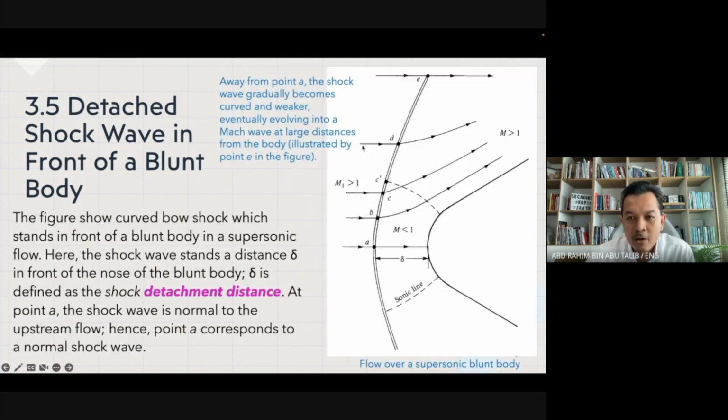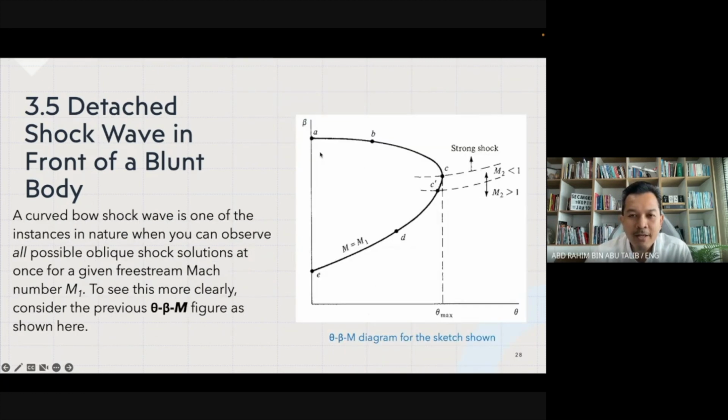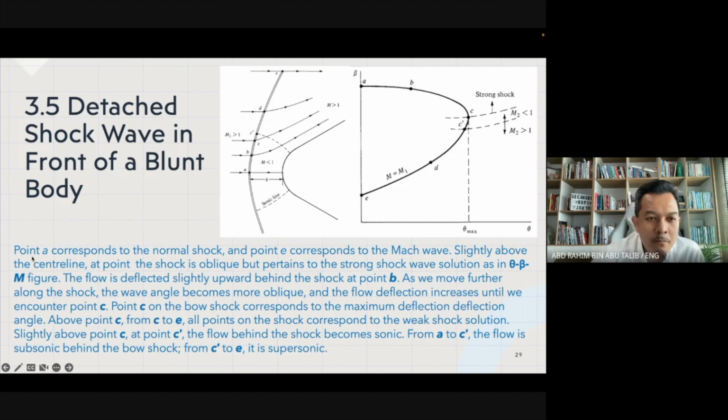Then when we move upwards, we have B, C, C prime, where we have the sonic line, then D, and at the edge of the bow shock we have E. When we translate it into the theta-beta-Mach number lines, it is represented by this particular curve.